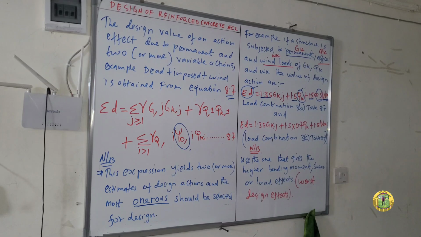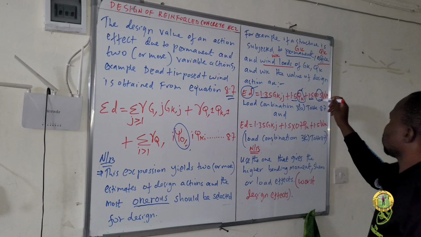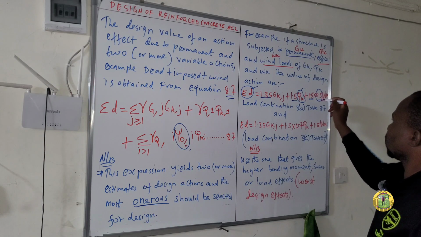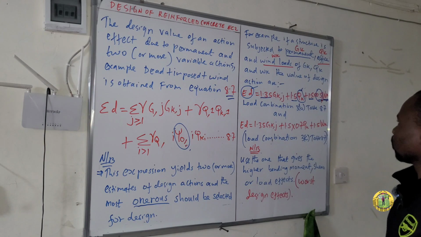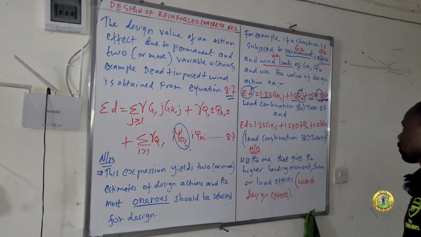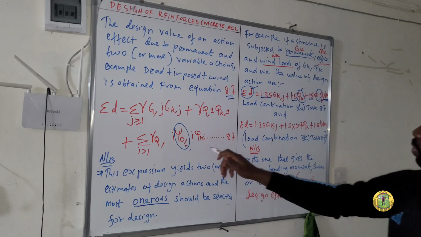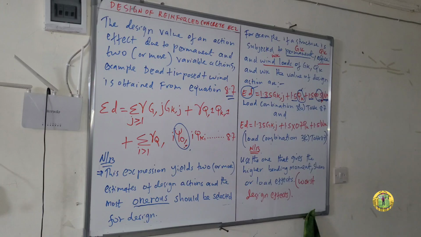So as you have seen from the table, the combination value is 0.5. So you multiply the wind load by 0.5 because it is accompanying a variable, the secondary variable. We have to reduce it by multiplying it with this value, 0.5, because they will not reach the maximum with QK at the same time.